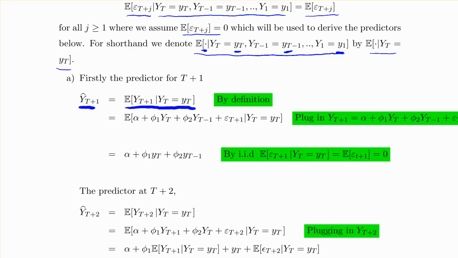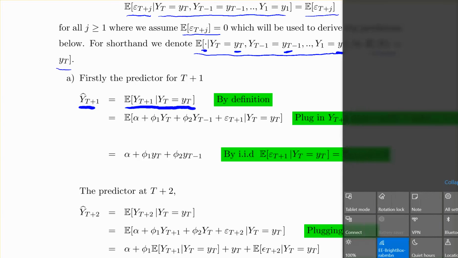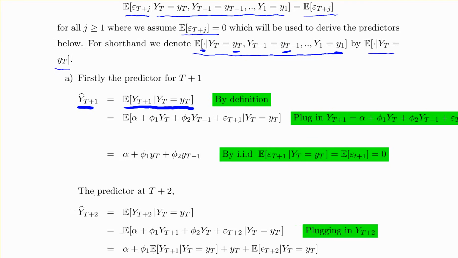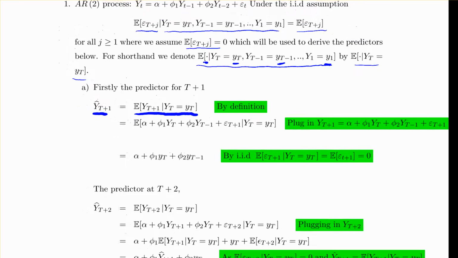So we just plug in yt plus 1. Again, we just use the formula for yt, forward one period. Plug it in here, and then expand it out.